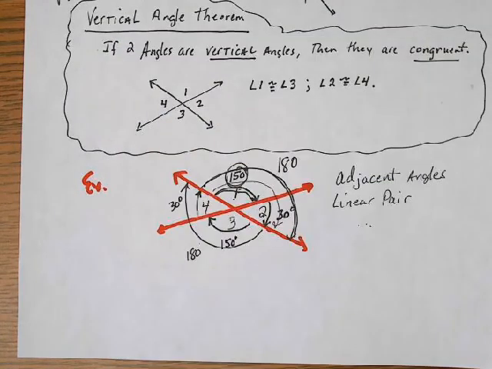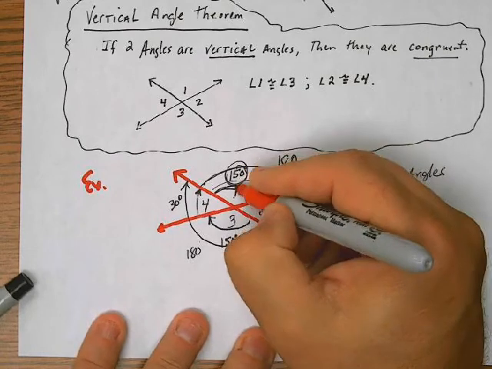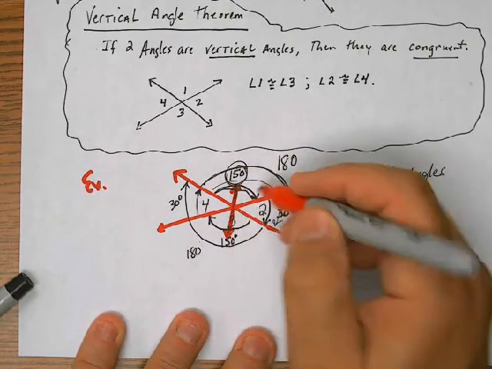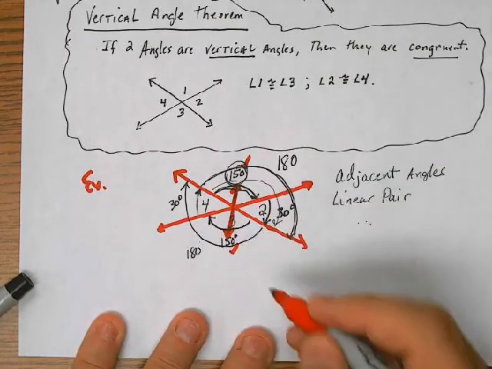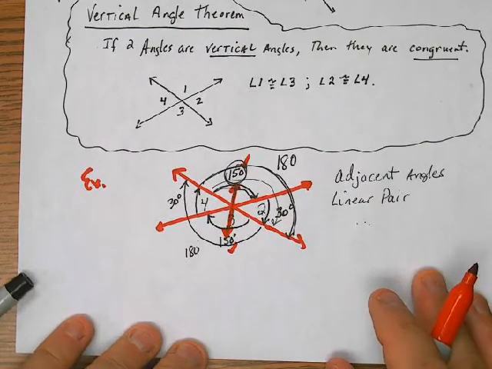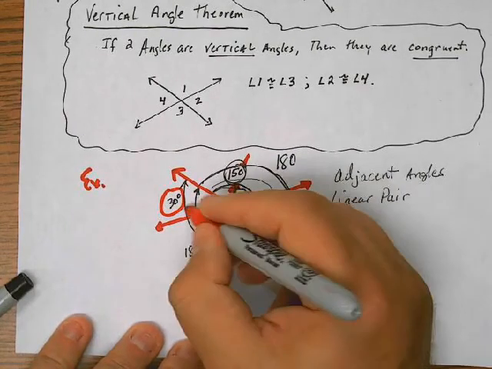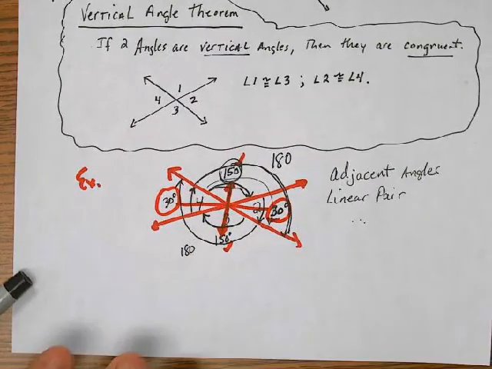So now look at this. Let's look at everything together. Vertical angles are across from each other. What's true about vertical angles? They're congruent. We just proved it. Okay?